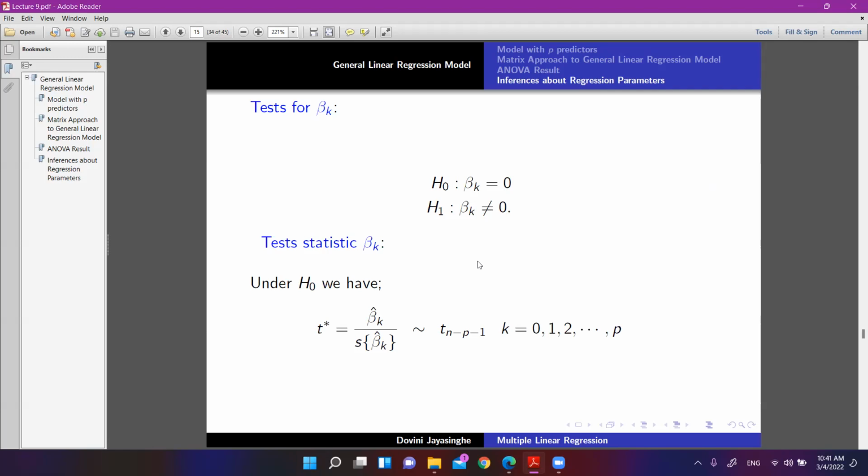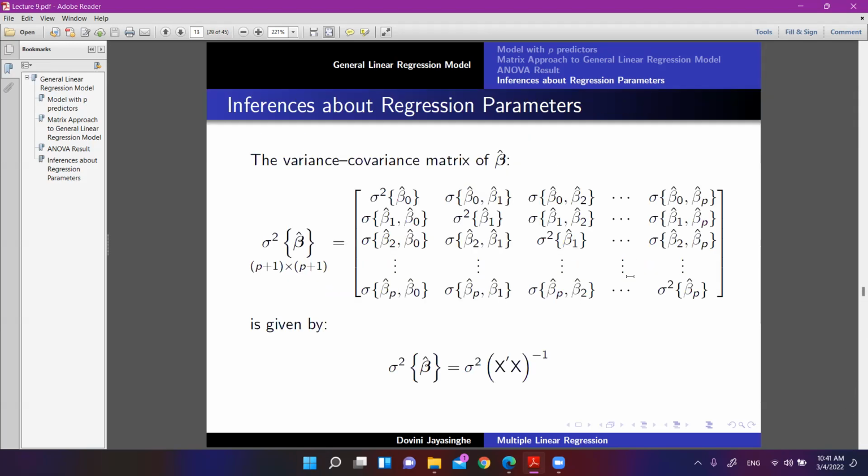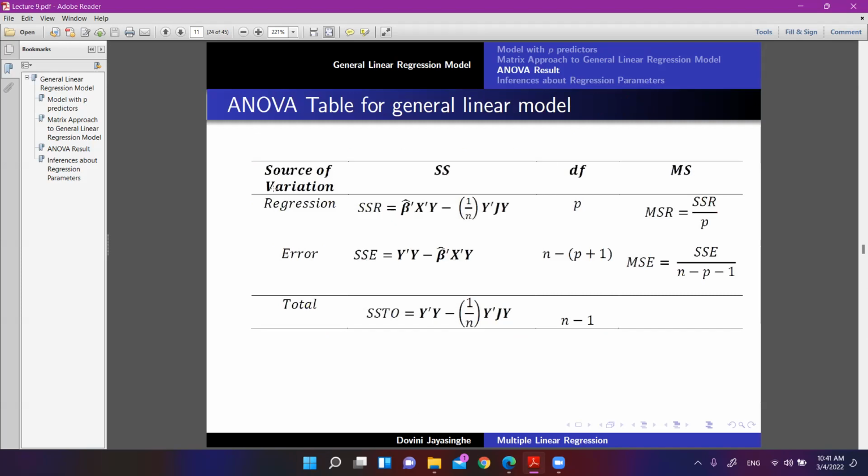In software, actually, they give the ANOVA table with a couple of F ratios, I think it's the T ratios, a couple of things to decide which betas are significant at that ANOVA table level. But here we are writing the general ANOVA table.